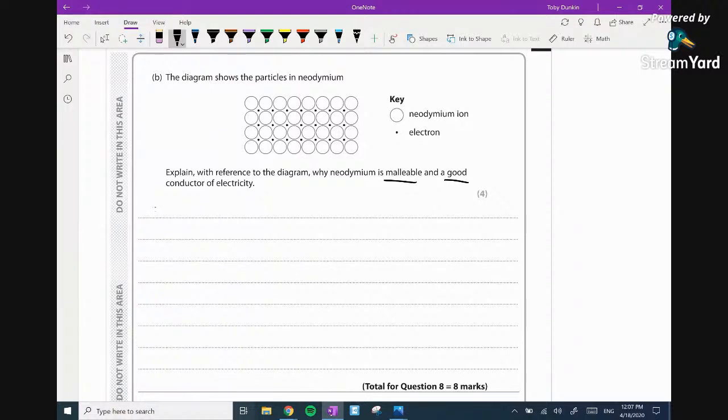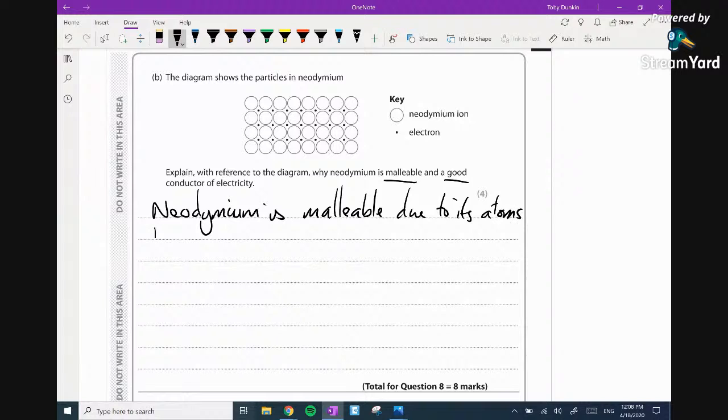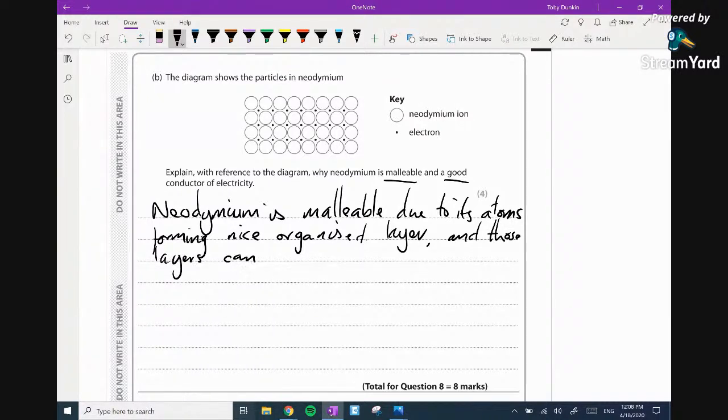So we're going to say neodymium is malleable due to its atoms forming nice organized layers, and those layers can slide.